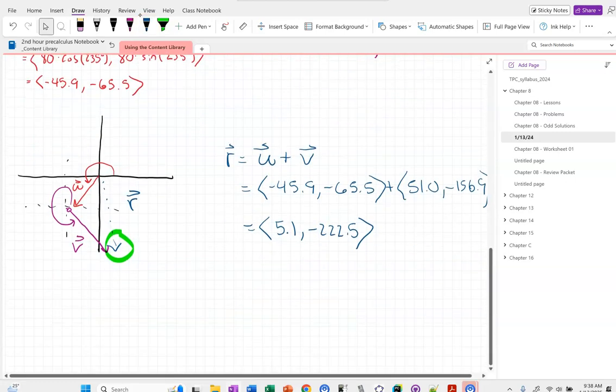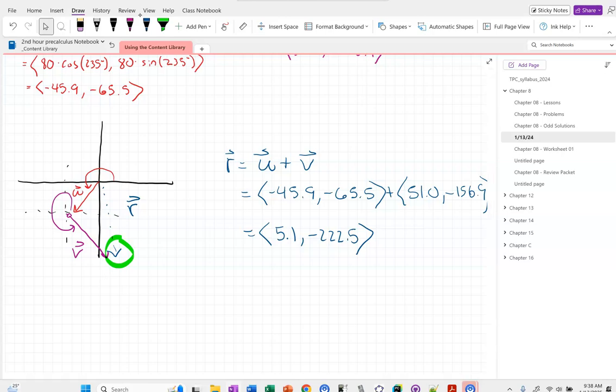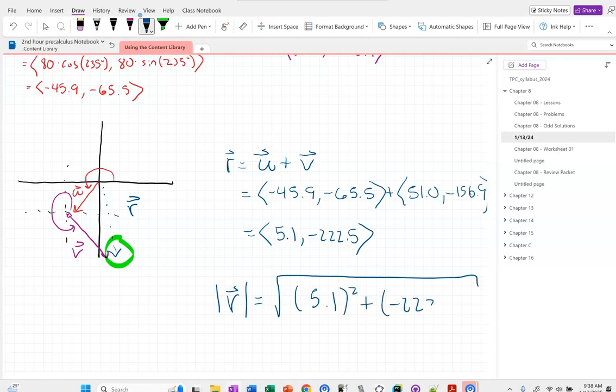Now I'm going to compute the magnitude. The formula for magnitude, if my vector's in component form, is, now it's time for the square root. And it's just the x component squared plus the y component squared.